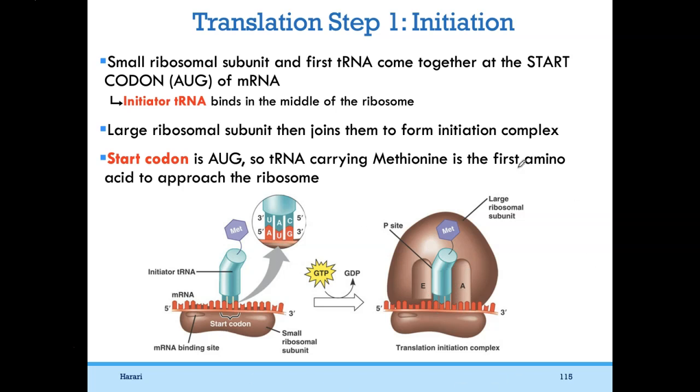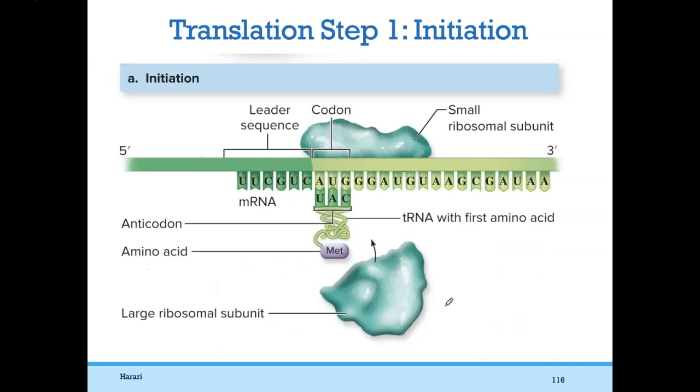This is what we're starting with, and this requires energy at every single step. This is the initiation complex: a small ribosomal subunit, mRNA, large ribosomal subunit, and the initiator tRNA in the P site, carrying a methionine to the first AUG. This is the initiation complex, right?